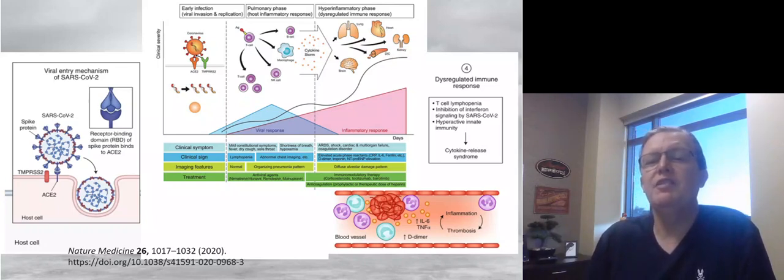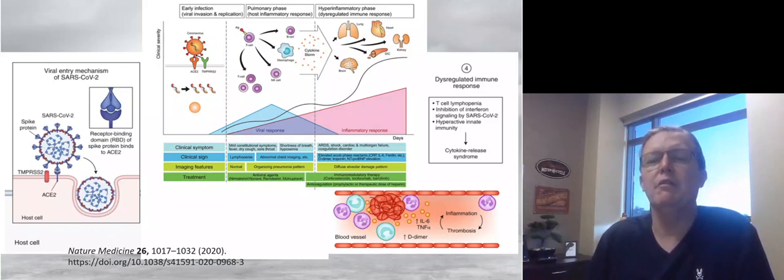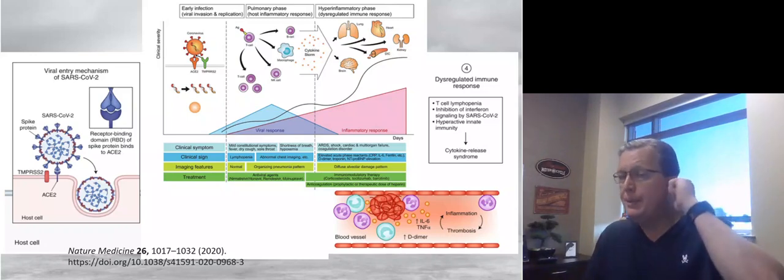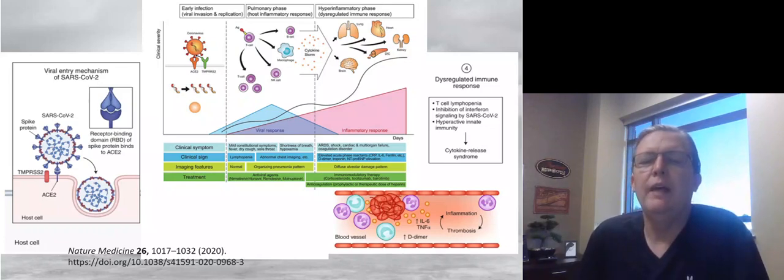However, depending on the severity of the response, the treatment, the susceptibility of the individual, you can see that the inflammatory response can continue long after the viral response. The inflammatory response being that red triangle that doesn't look like a pyramid. It looks more like a ramp as it continues to escalate into the later phases.